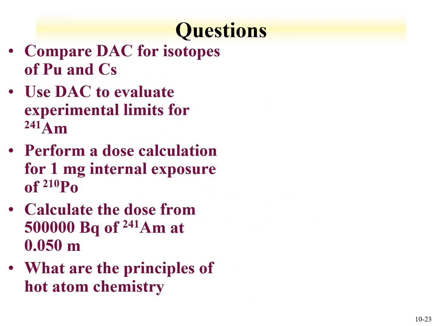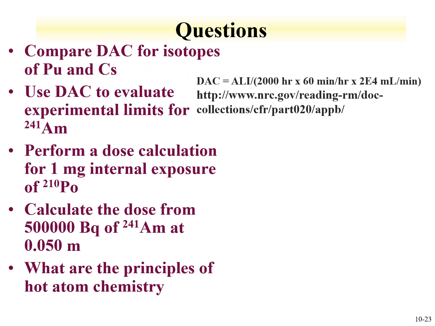Some other questions you should be able to answer: relationships between derived air concentrations and ALIs are shown here. In other words, if I have an annual limit on intake, I can use this equation to determine the derived air concentration, or I can actually look up the values at this website. So if you were asked to compare the derived air concentration for plutonium and cesium isotopes, you'd be able to figure out which ones have more stringent limits.